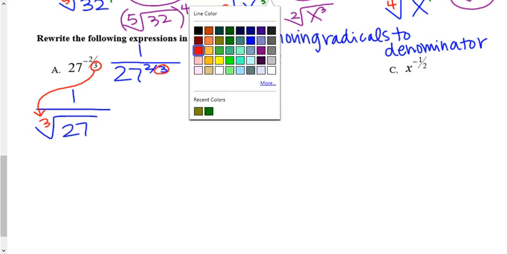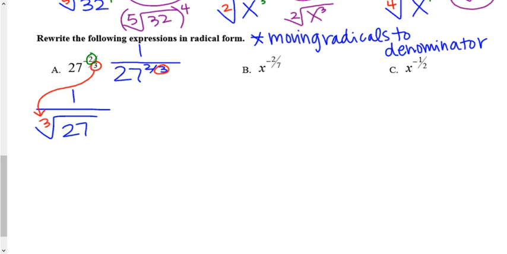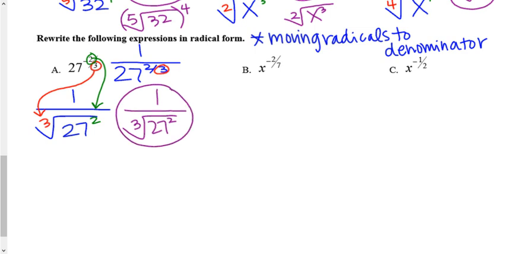And then we also know that my numerator, which is 2, that's going to become the exponent of my 27. So my final answer for this should be 1 over the cube root of 27 squared. Okay, that negative means I just move everything to the bottom, the entire thing.